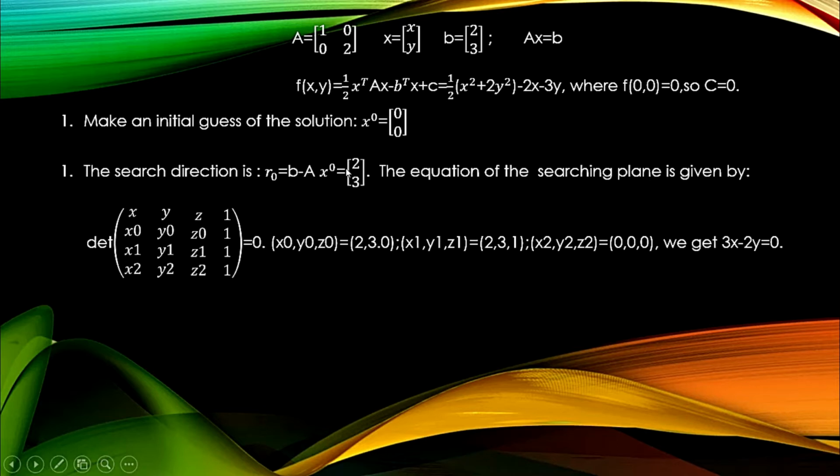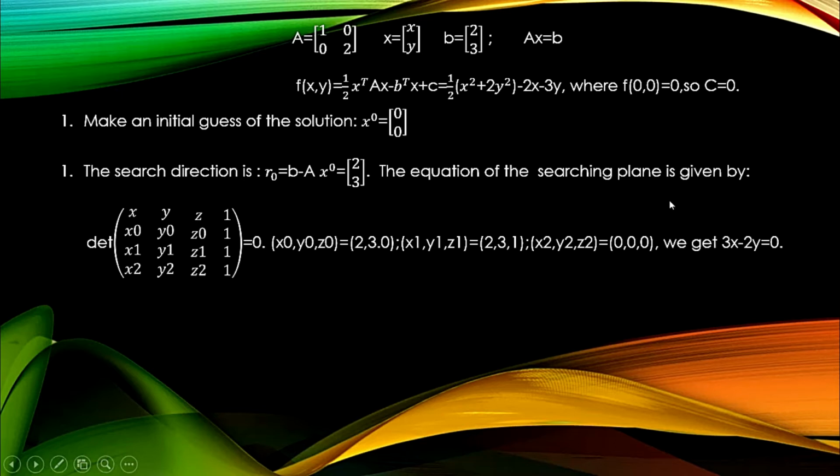This is a vector which points away from the point x0. If you want to do the hand calculation, you need not calculate the equation of the plane which contains this vector, but for using GeoGebra you need to do so.